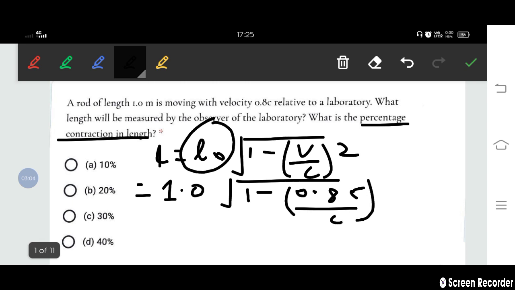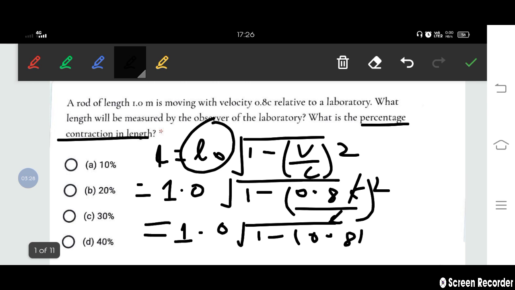Here we will not put the value of C, that is 3 into 10 to the power 8 meter per second. We will not put it over here. See over here that C can be cancelled. Then the leftover values will be 1.0 into under root of 1 minus 0.8 square, right? Now after evaluating it, we will get the value of L, that is L will be equal to 0.6 meter.